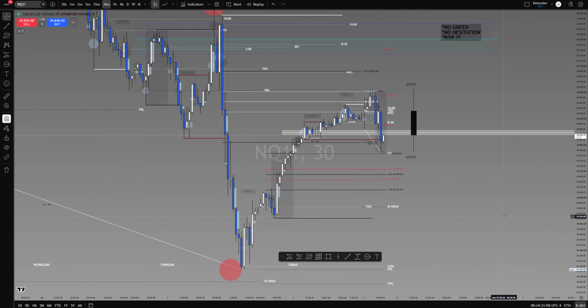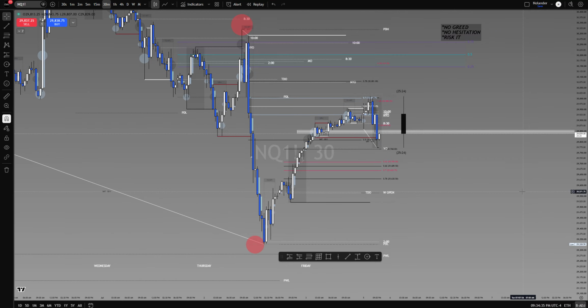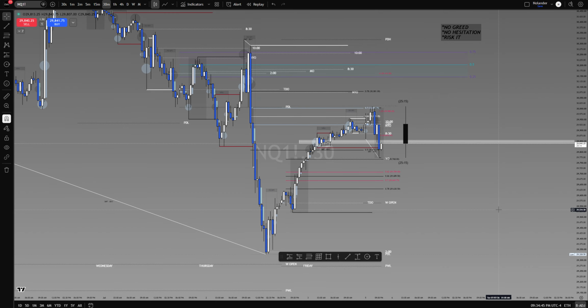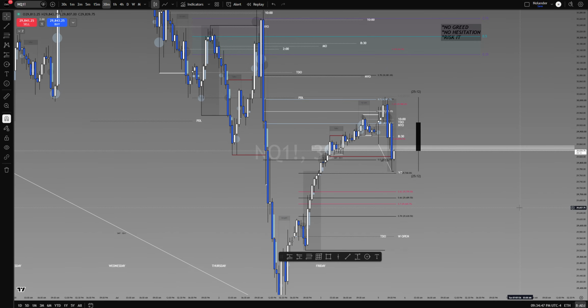So again, what I'm looking for really is I want to see us continue in a bear trend, downward trend, bear trend, shorts, all the same thing, whatever you guys want to call it.